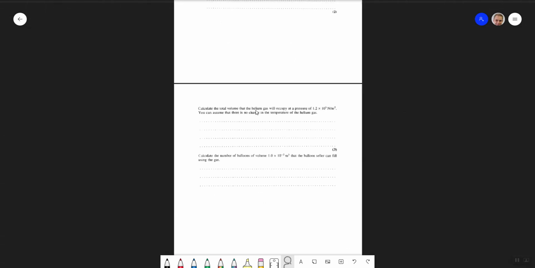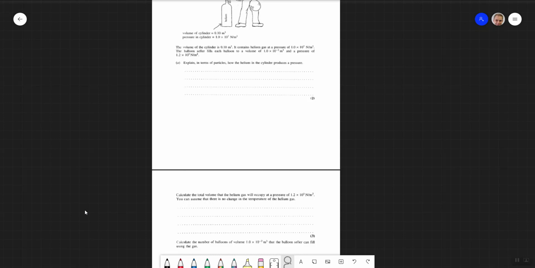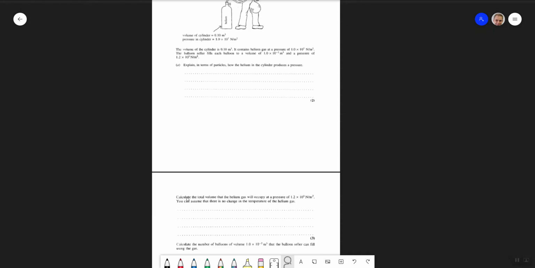Calculate the total volume the helium gas will occupy at a pressure of 1.2 times 10 to the 5 newtons per meter squared. You can assume there's no change in temperature of helium gas. So what I've got to do is use the total volume. So I've got this is V1 and this is P1, and pressure 2.